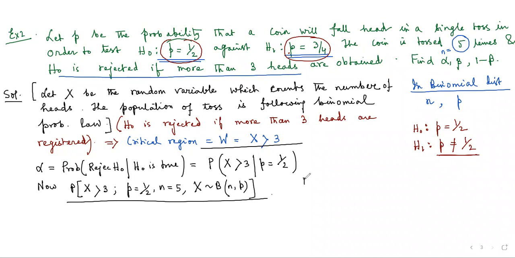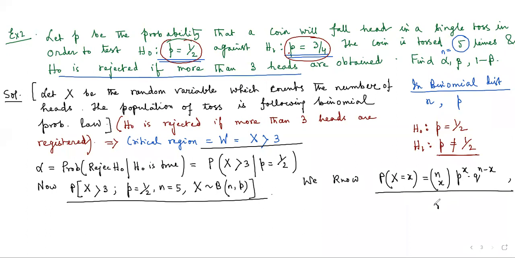And we know that the probability that capital X equals small x is given by this probability law, where x is from 0, 1 up to N. Now, if you want to find the probability of X greater than 3, how many possibilities are there?